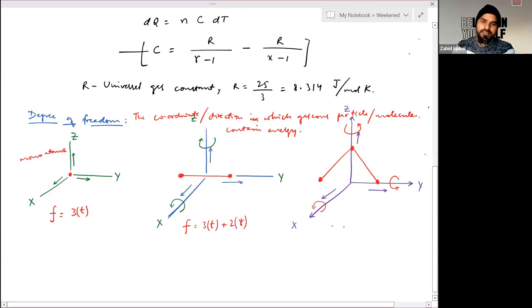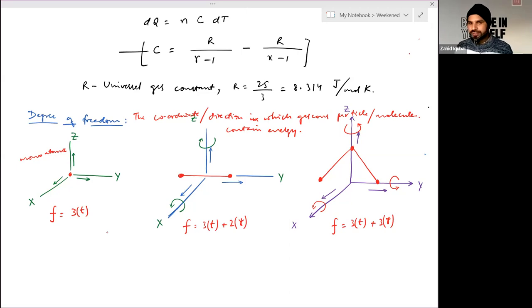And in third part, we have 3 translational energy and 3 rotational energy. So in total, you will say bent shape particle will have more degrees of freedom as compared to monoatomic and diatomic.